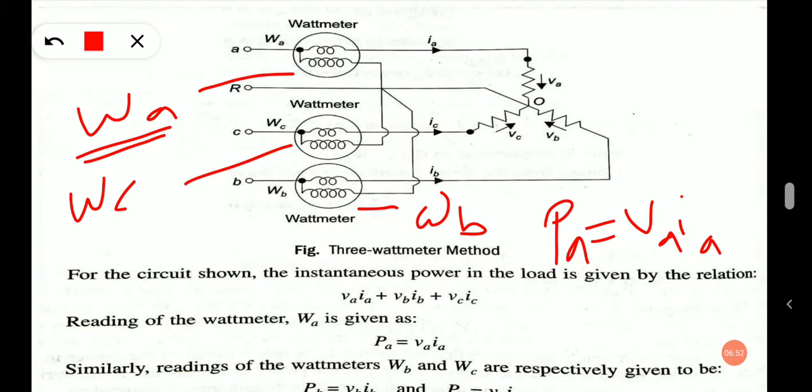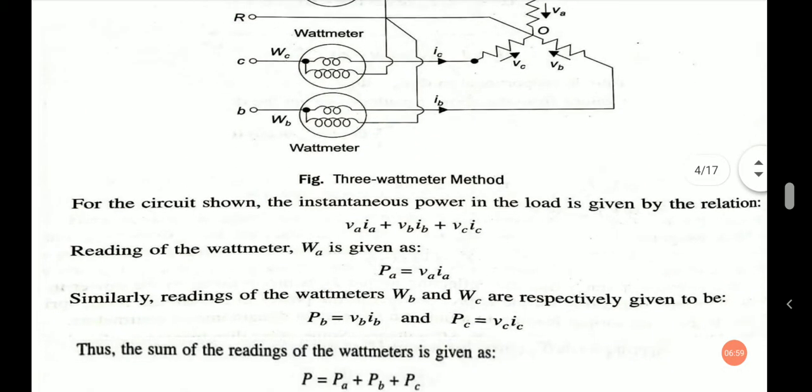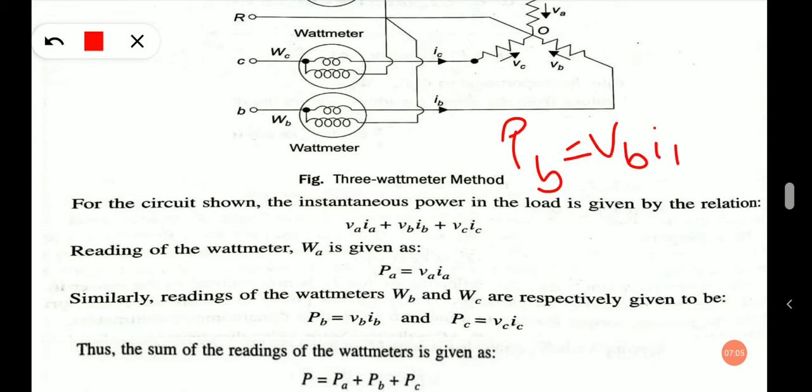Similarly, for readings of wattmeters WB and WC, we can write respectively PB equals VBIB, and for wattmeter WC, PC equals VCIC.